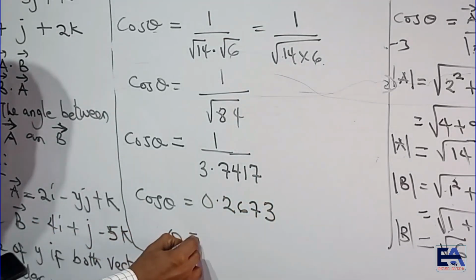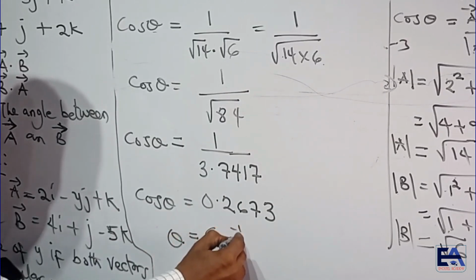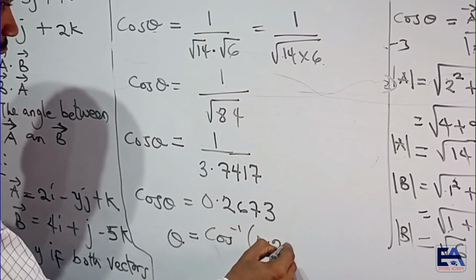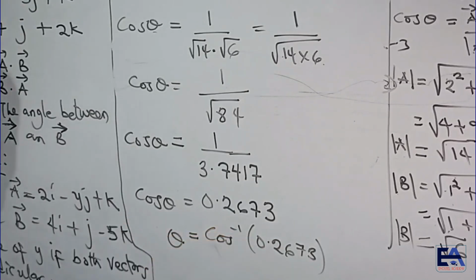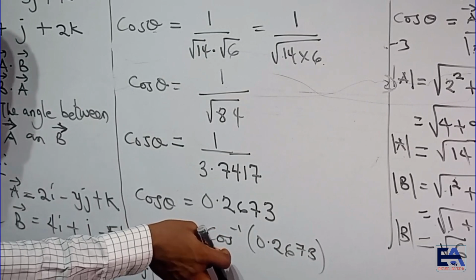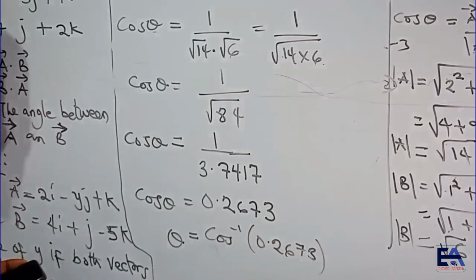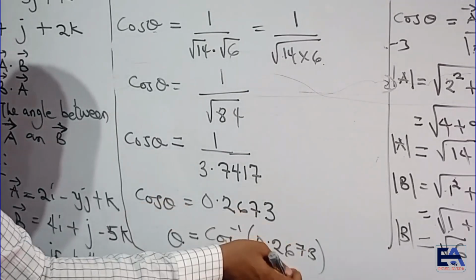Which means angle theta is going to be arc cosine of 0.2673. What this simply means is that we are looking for the angle whose cosine would have given this value.